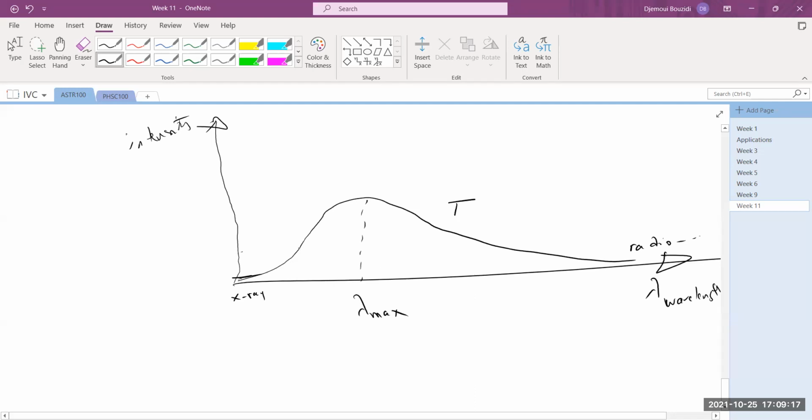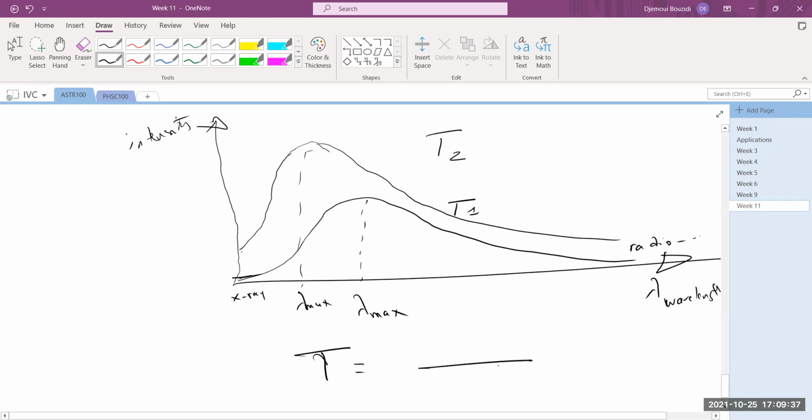First of all, the wavelength for a higher temperature, so this is temperature T1. This is the second temperature. Lambda max now is going to be different, in such a way that T is inversely proportional to lambda max.